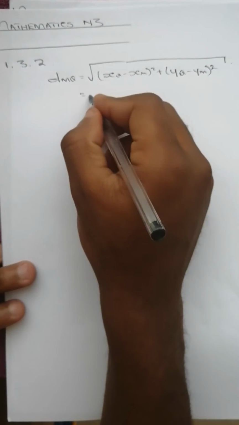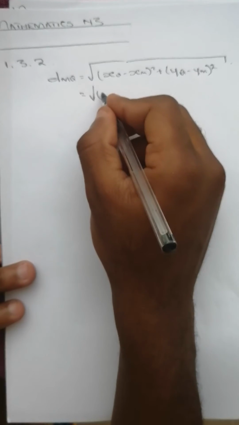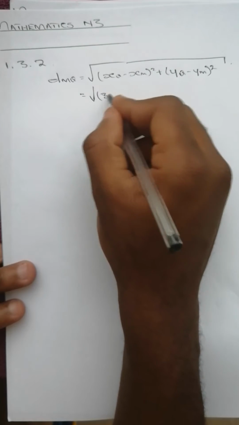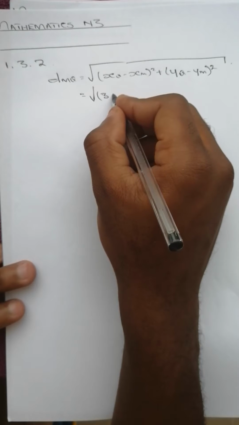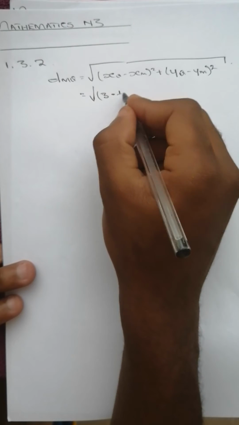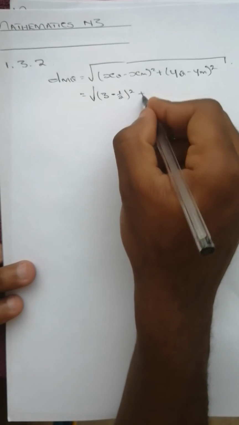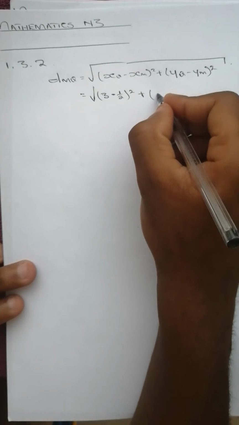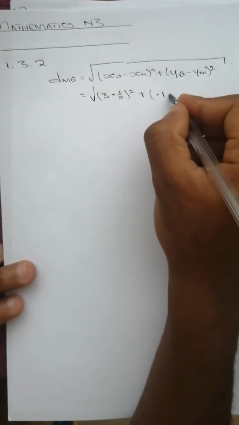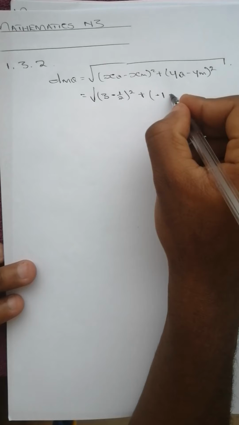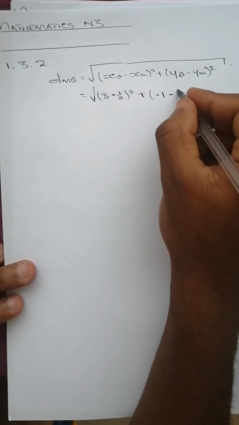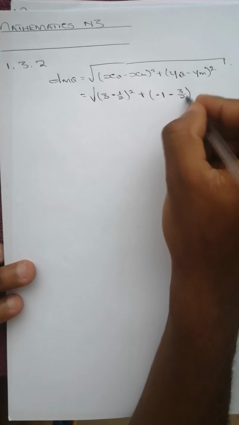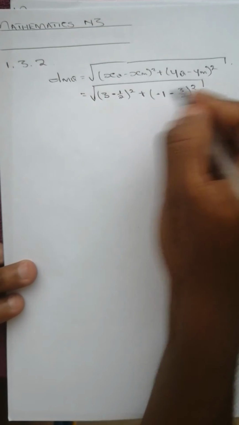And then substitute what we have. So x_Q is 3, x_M is 1 over 2, squared, plus y_Q is negative 1, y_M is 3 over 2, all squared.